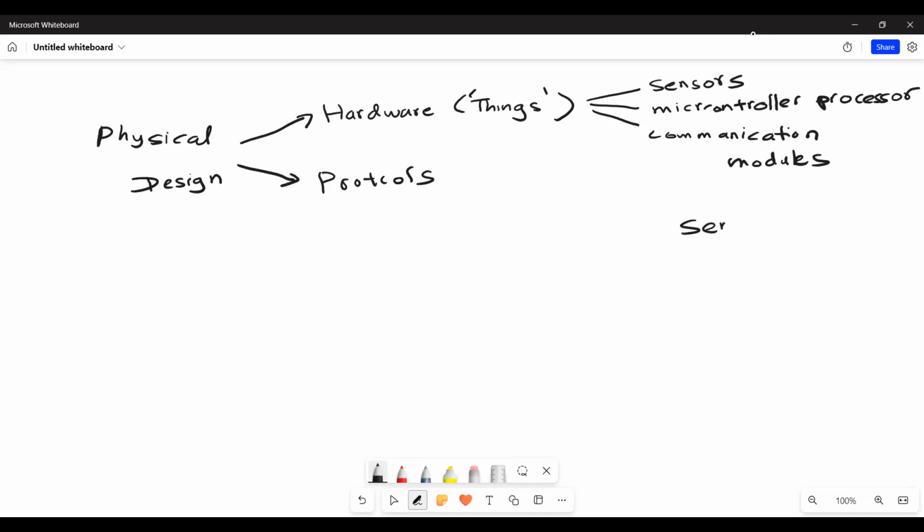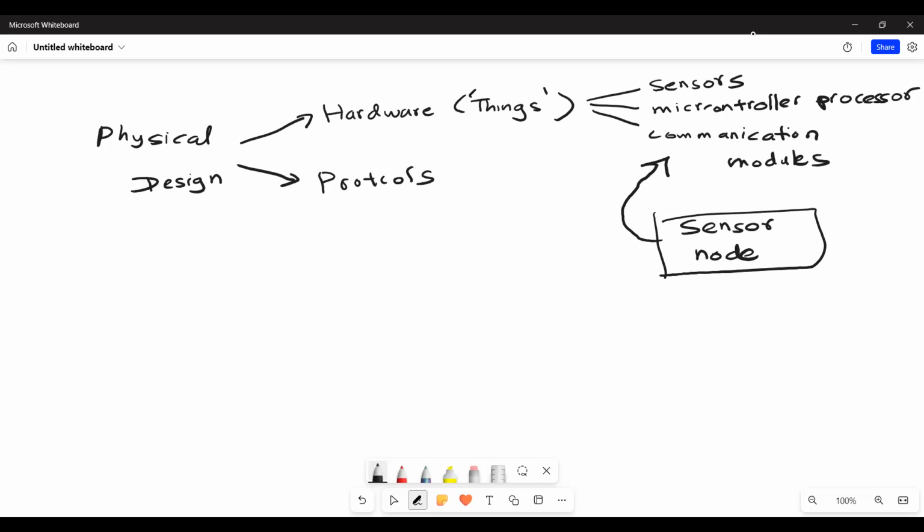We can call the entire unit which contains the sensors, processors, and communication modules the sensor node. So this has all these three components. Anyway, this sensor node is composed of this hardware. So basically, it's a combination of hardware.